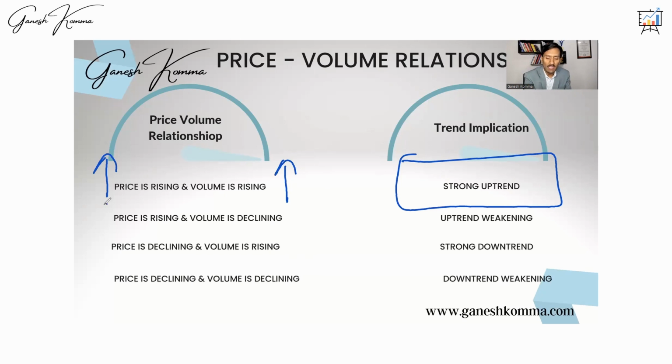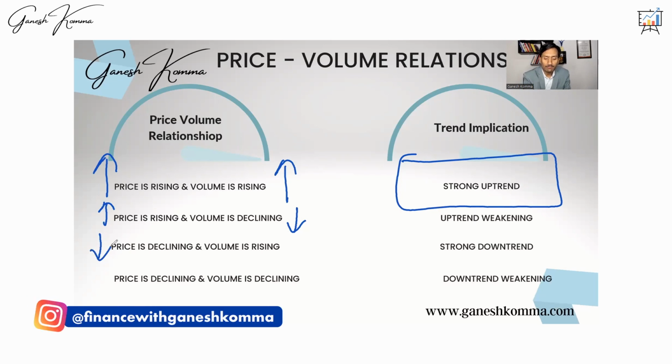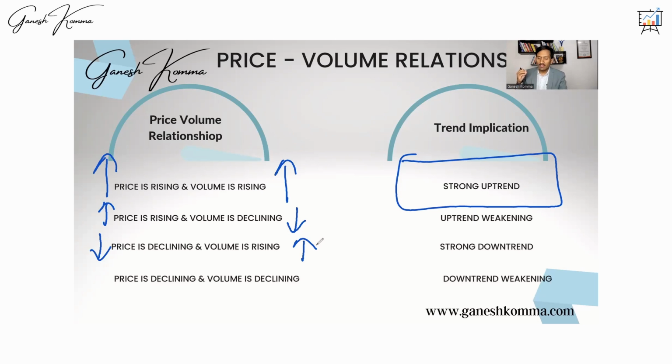And yes, the price is rising, but the volume is gradually reducing. Means it is an uptrend, but that uptrend is getting weakened because volume-wise, it does not have that support. Price is declining and volume is rising. Means price continuously falling and there is heavy volume.